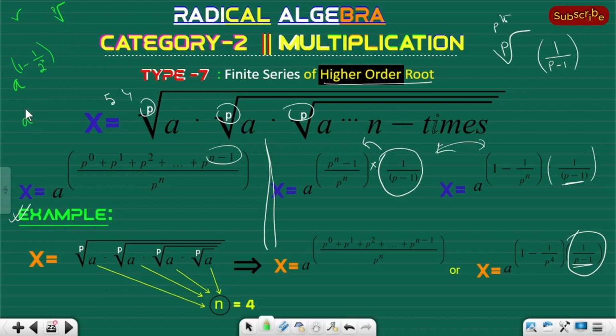So a raised to the power 1 minus 1 by p to the power n, n times, where instead of 2 it is p. Square root means 2, so it was 2 raised to the power n; here it is p raised to the power n. Then 1 by p minus 1. This factor is extra, a multiplication factor. Let's understand these two examples.